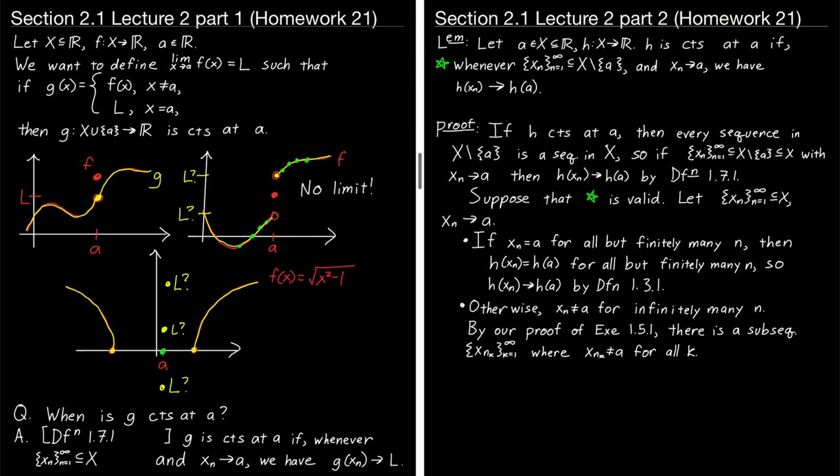But remember from 1.3.10, our subsequence has to converge to A. So h of xnk converges to h of A. And now we're going to just use our epsilon N definition of convergence.